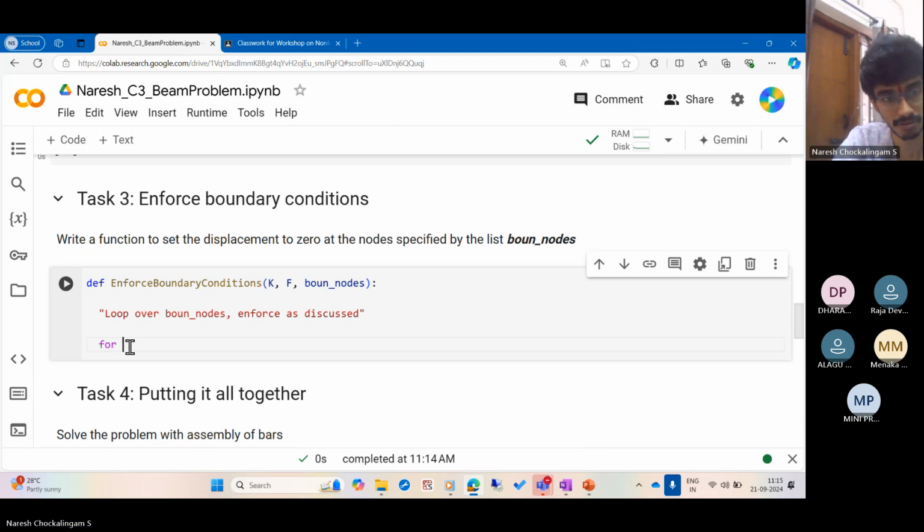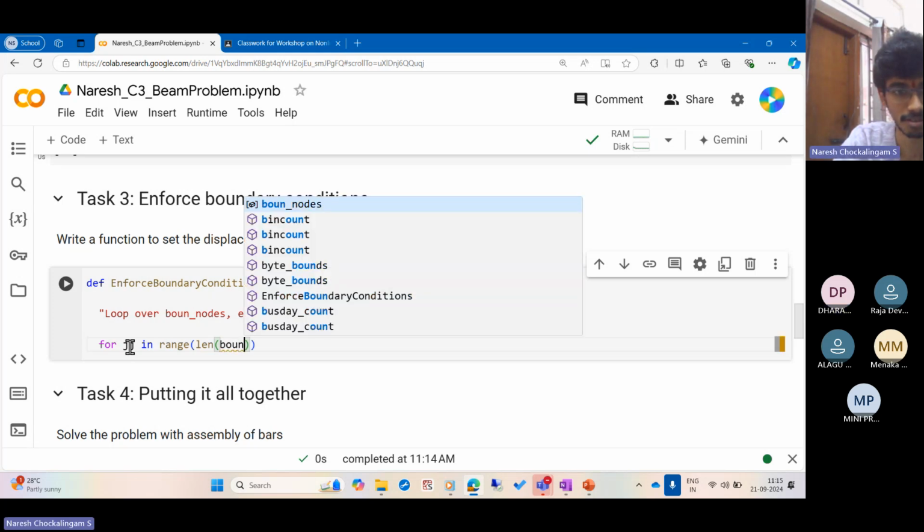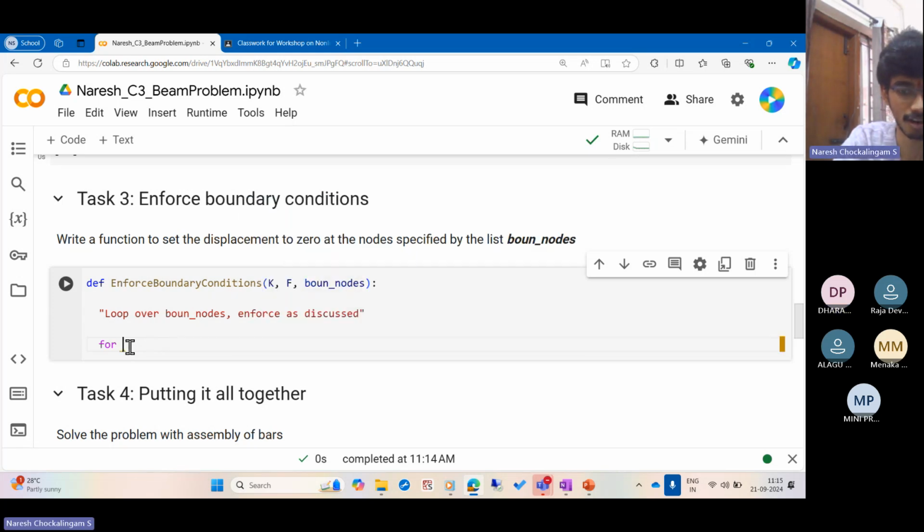For some JJ in range of. So there is a shortcut to this. You can just say for I node in bound nodes, because every entry in the boundary nodes is actually nodal information, right?